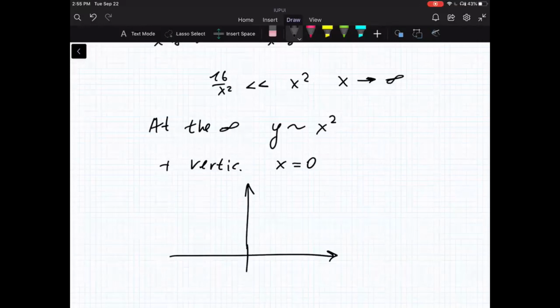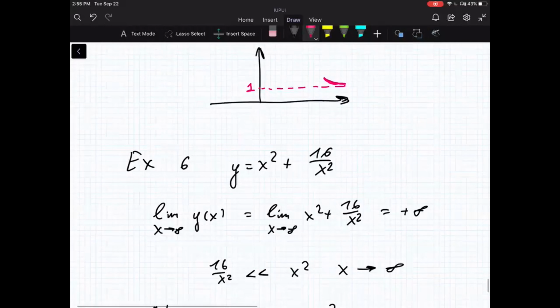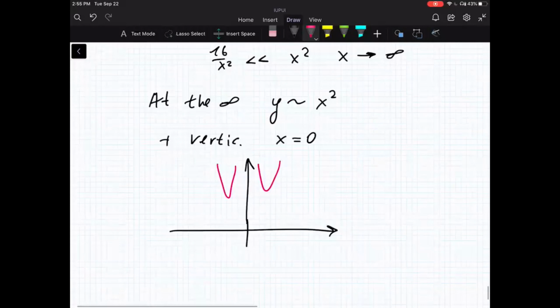And you will get some function. If you look at the textbook, it will look like this, or you can repeat all the steps that we discussed. And in fact, you see that this function is even: replacing x with minus x doesn't change the function. So it's symmetric with respect to the y-axis.